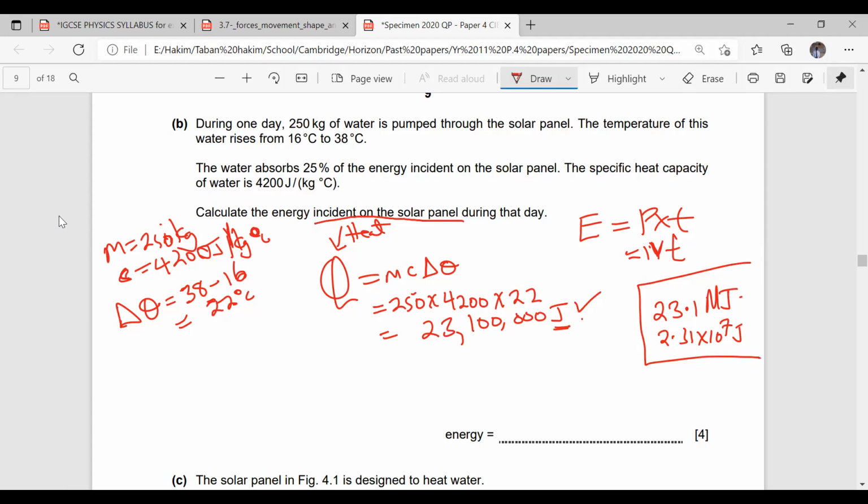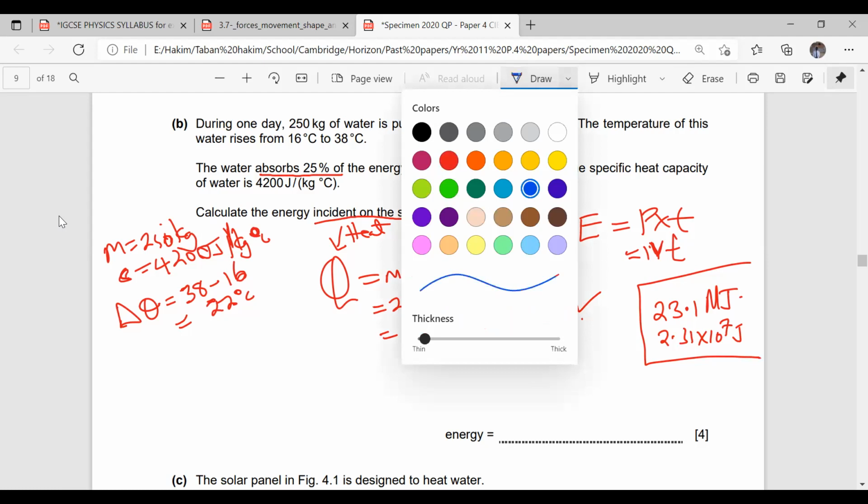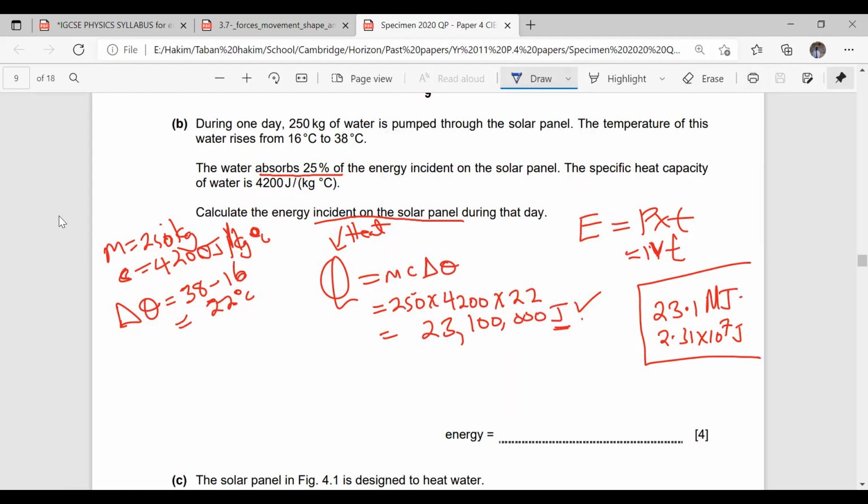If they say this, it is mathematics now. The water absorbs 25% of the energy incident on the solar panel. 25%.